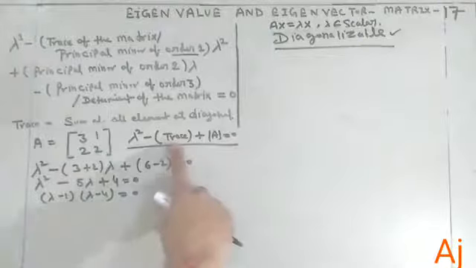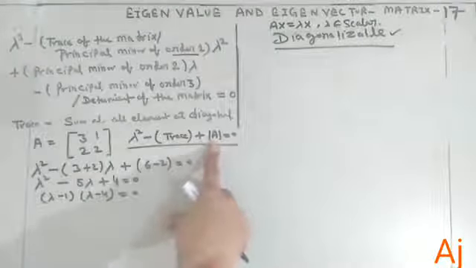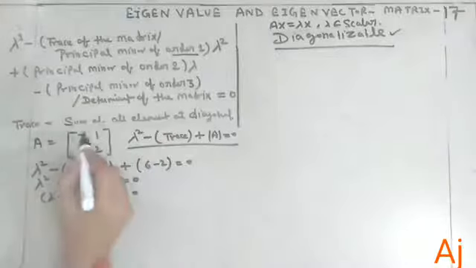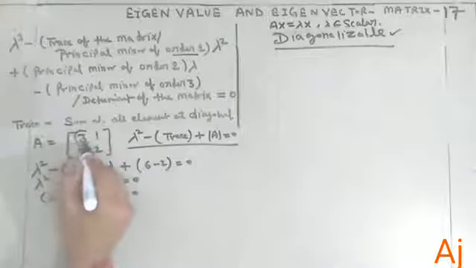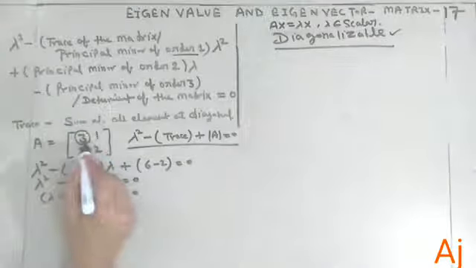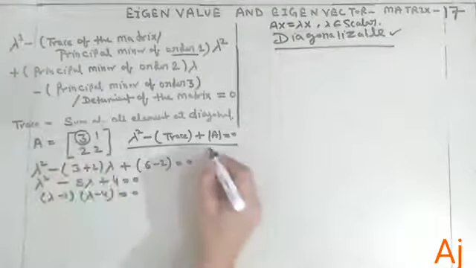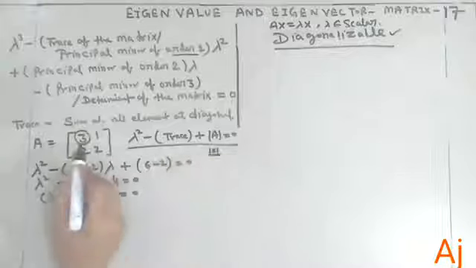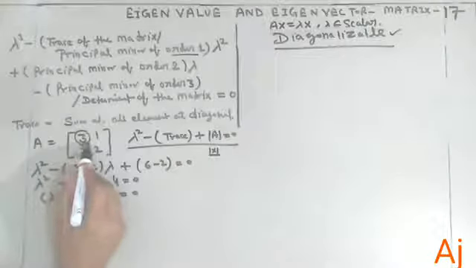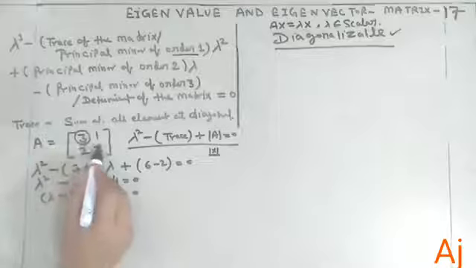This is the principal minor of order 1, this is the principal minor of order 2. Principal minor of order 1 means you have to take one element that is on the diagonal. Diagonal means you are taking a 1 by 1 matrix with the help of the diagonal. So this element will come, this element will come.